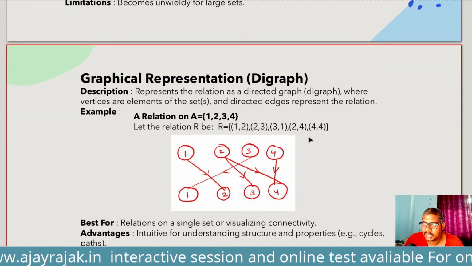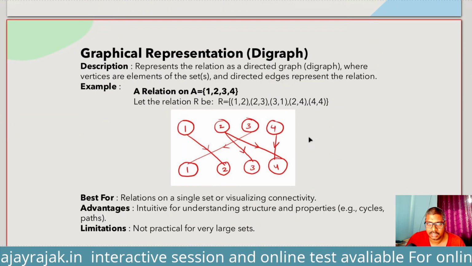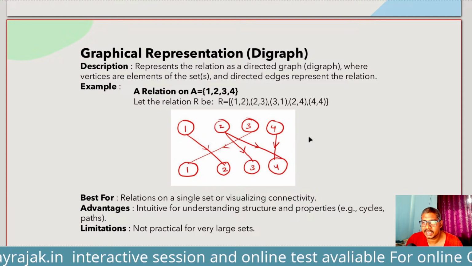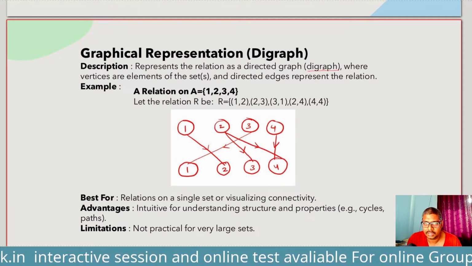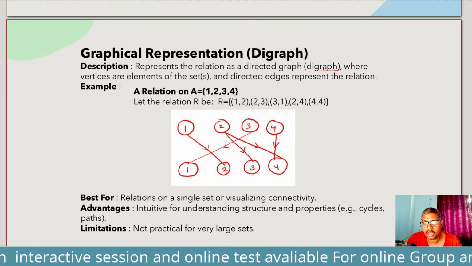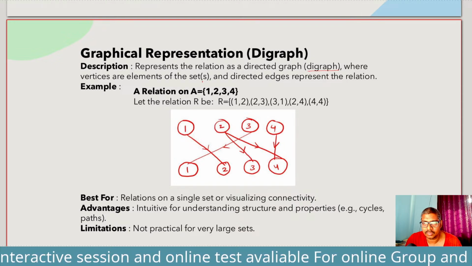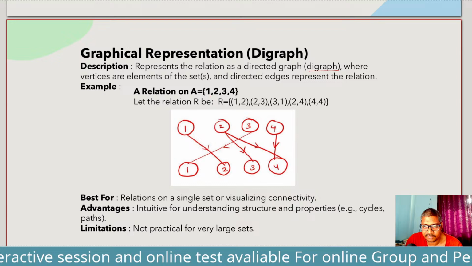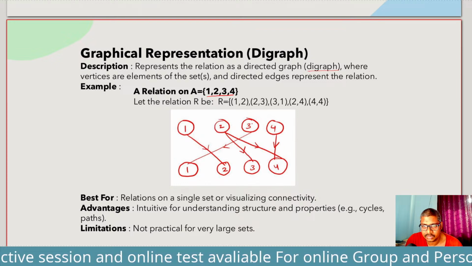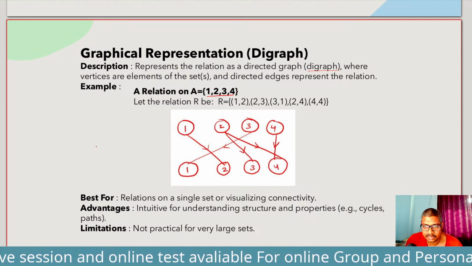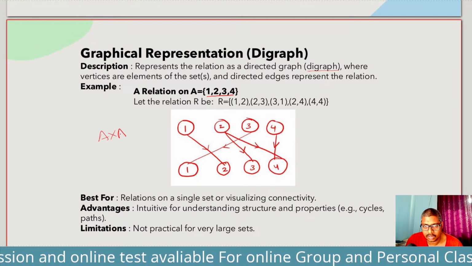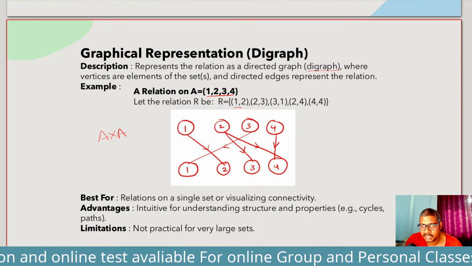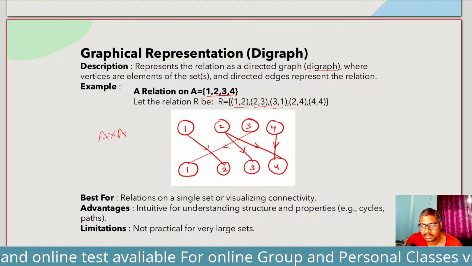Then comes the graphical representation. It represents the relations as a directed graph. Digraph, we refer to it as a digraph, where vertices are elements of the sets. So what are the vertices? Like all the elements of set A. Suppose a set A is 1, 2, 3, 4, and we are defining a relation on A, right? An A-on-A relation, and the relation set is here 1 2, 2 3, 3 1, 2 4, 4 4.